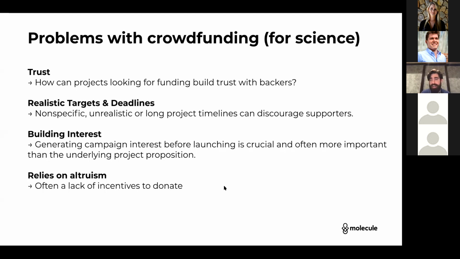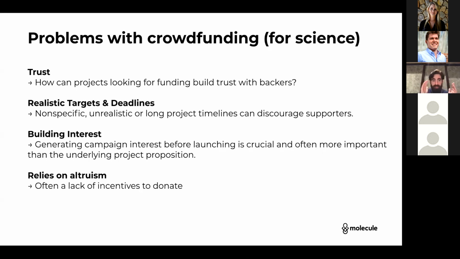Building interest. We actually had conversations with the founder of experiment.com, and one thing she said was that on Experiment, the researchers are the primary individuals pushing for funding. They're the ones trying to get people to commit funds through this crowdfunding platform, and the onus is really on them.